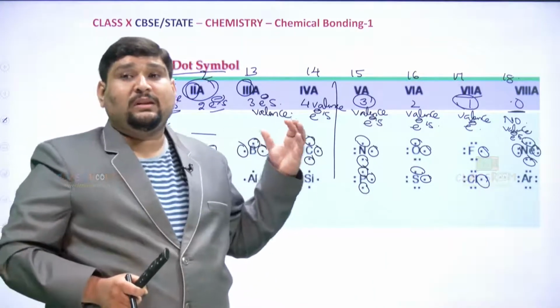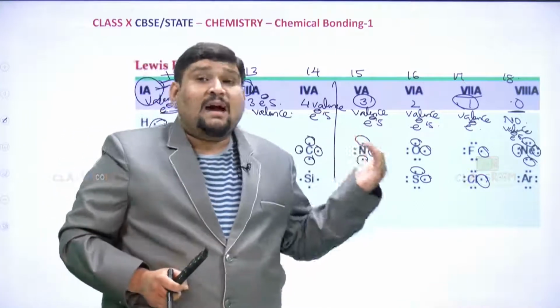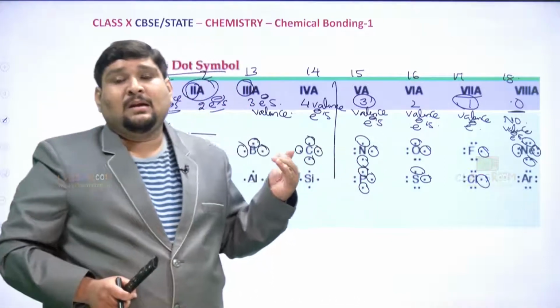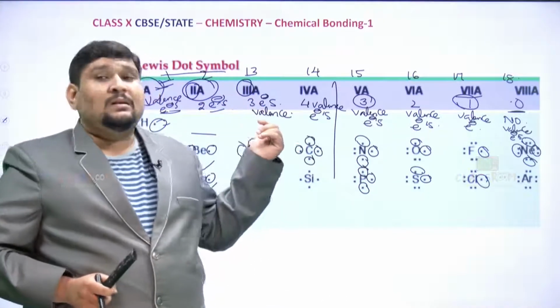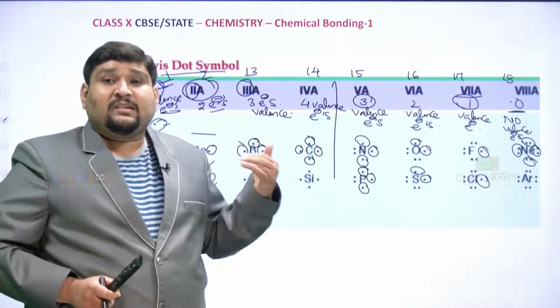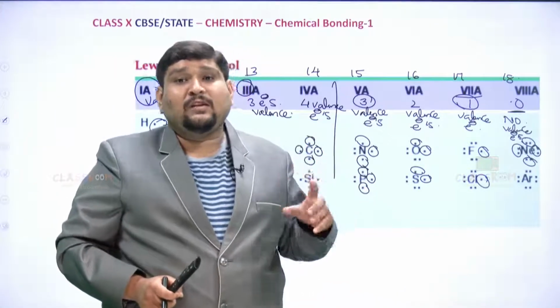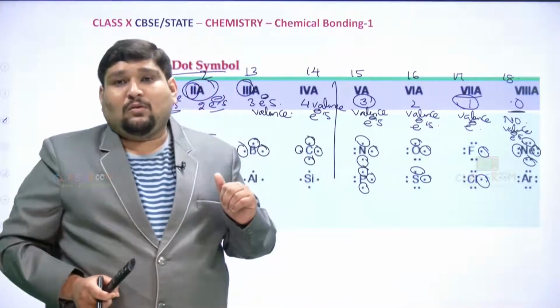It gives us an indication about the number of available valence electrons per each group, and based on that only we try to decide its valency and the capacity and capability of combining, or losing or gaining electrons.